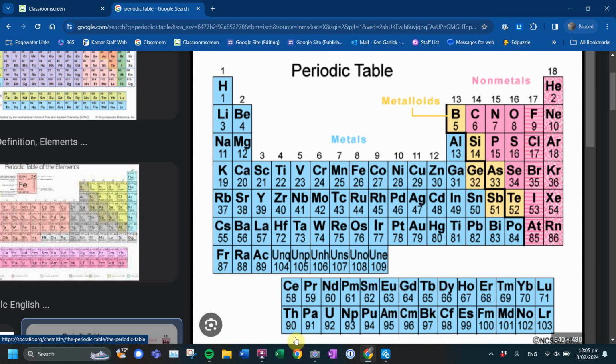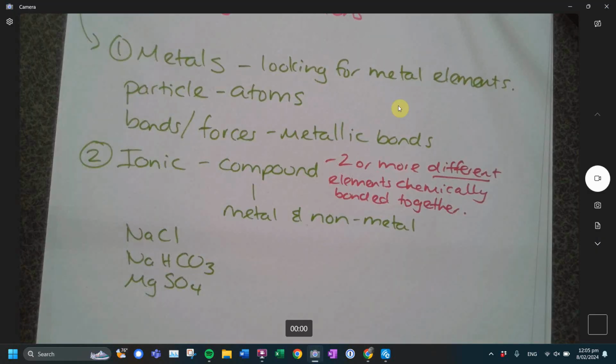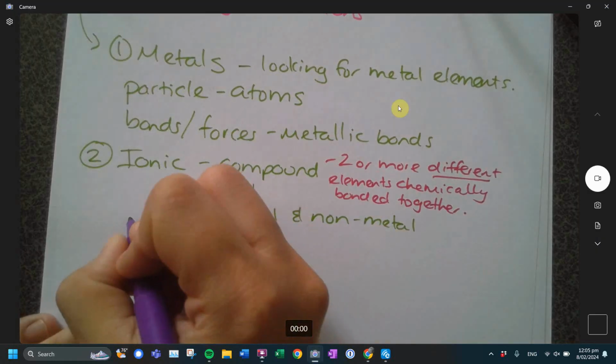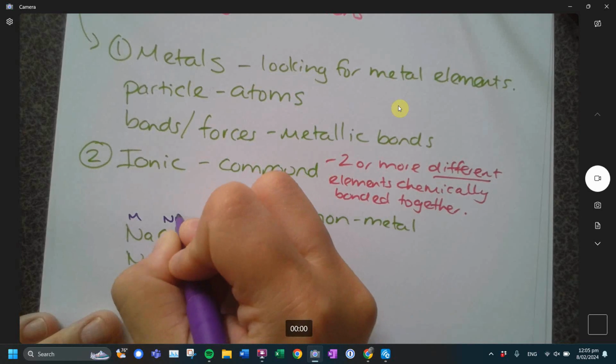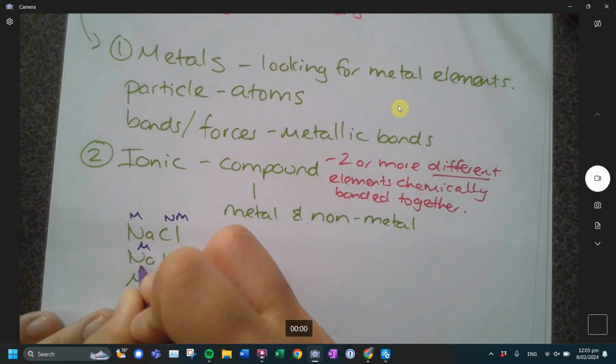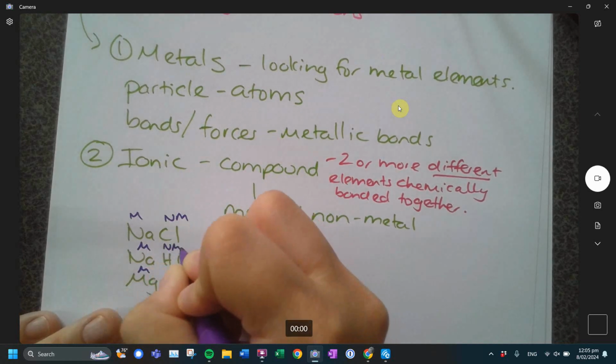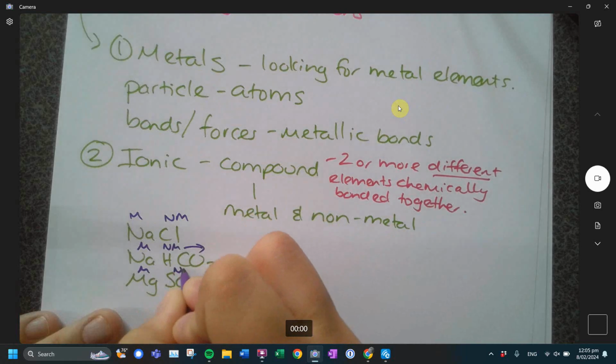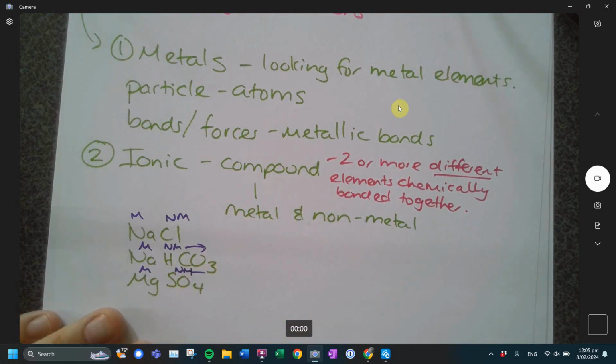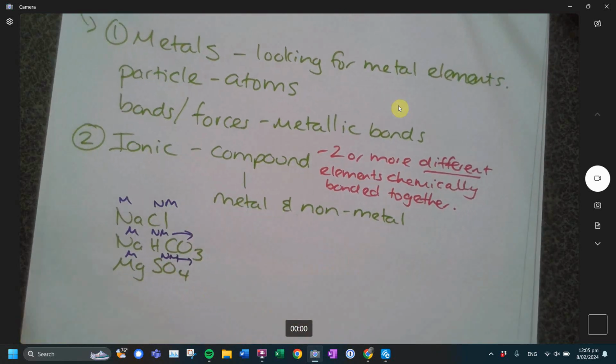That's what we're looking for in our ionic. This is a metal, that one's a non-metal. Sorry, a little squished. But that's what we're looking for, that combo. If we don't have those two different things, it is not ionic.